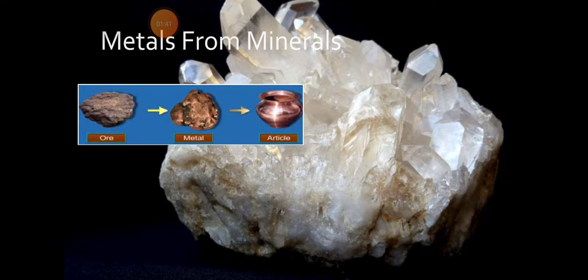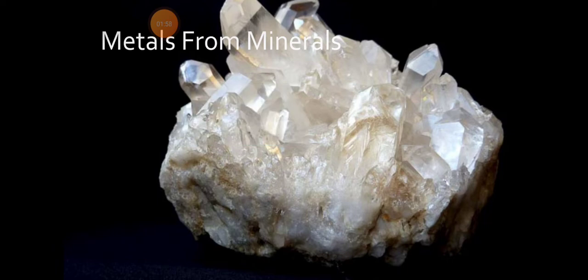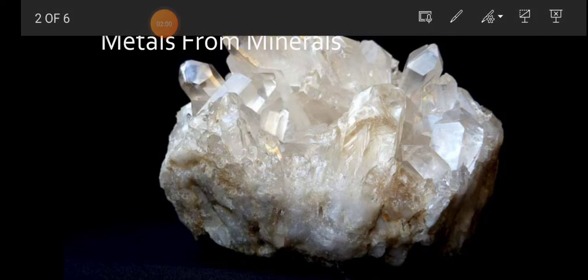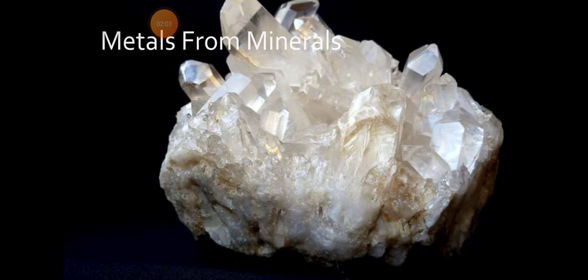So the ores we are getting from the rocks. Understood? And then we get iron, aluminium, copper, and zinc from hematite, bauxite, copper pyrite, and calamine ores. So, these are the different ores from where we are getting iron, aluminium, copper, and zinc.